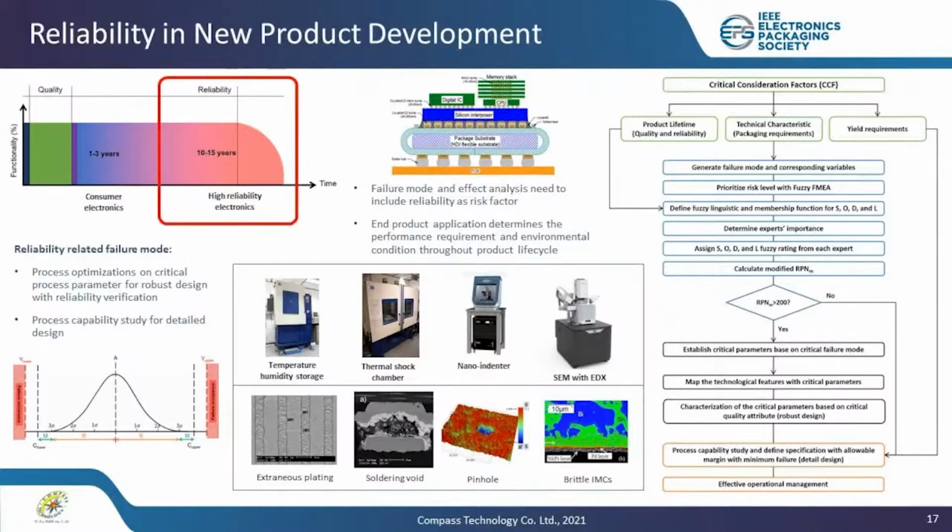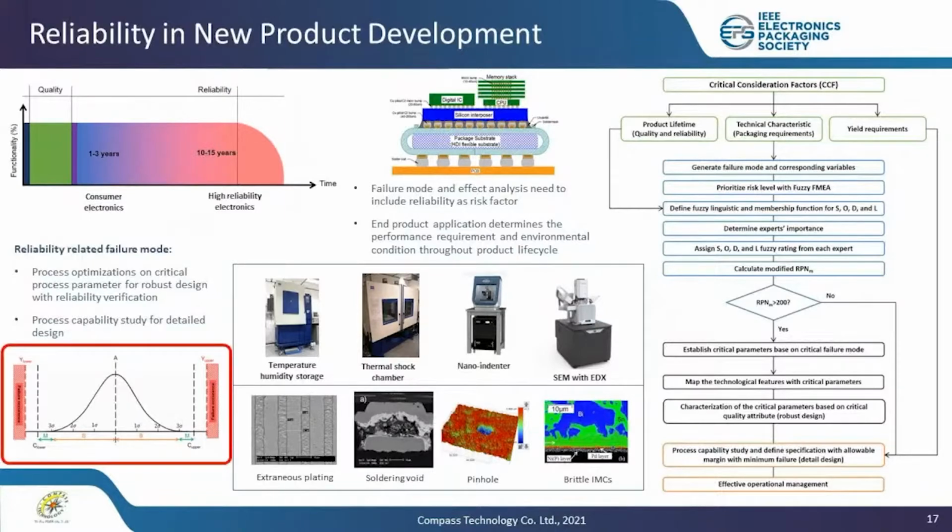As we can see, medical devices are targeting long-term use, which usually has a lifetime of 10 to 15 years. One example is the ECG device used in the smart jacket, which needs to go in the washing machine for over 1,000 cycles. As we can see from this diagram, the lifetime requirement can be integrated into the DFMEA process in order to precisely sort out all the critical failure modes during the design stage.